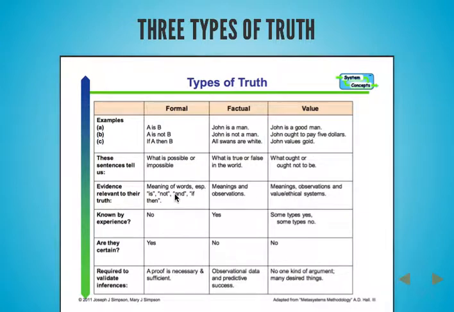More information about the three types of truth. In the rows we have examples and attributes, and each column is a different type of truth. Formal truth is not known by experience, but factual truth is. Formal truth is certain, but factual truth is not. We're combining these aspects: gathering factual information about a particular situation, and that's factual truth.